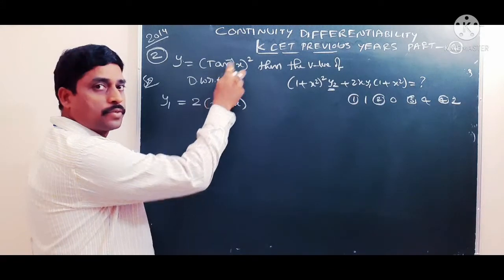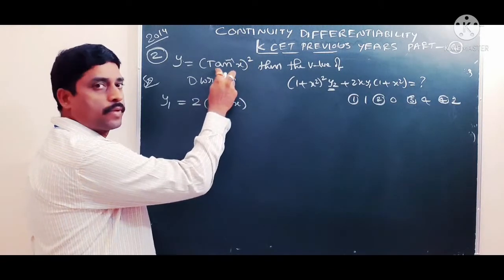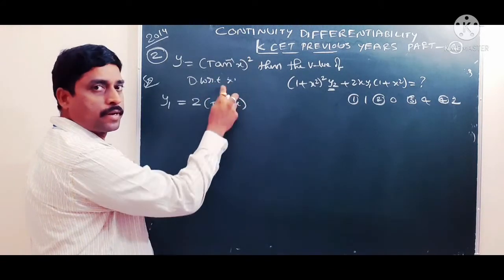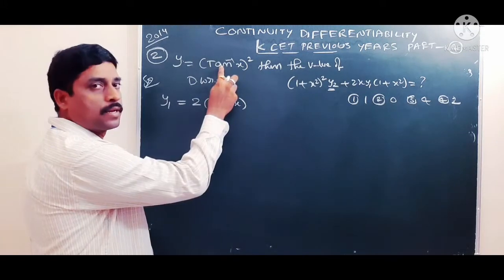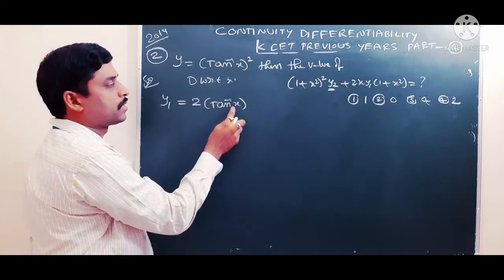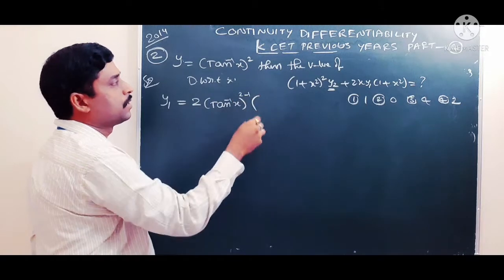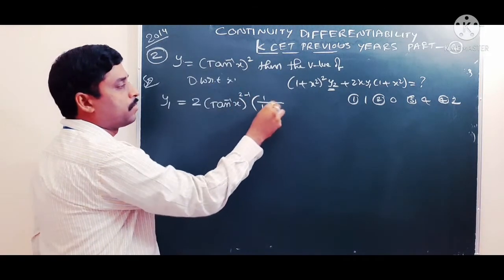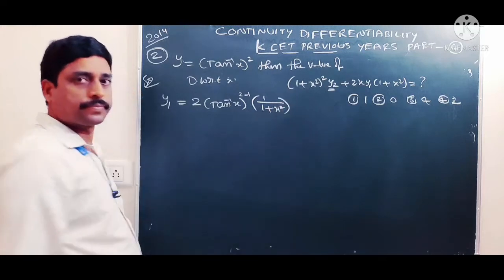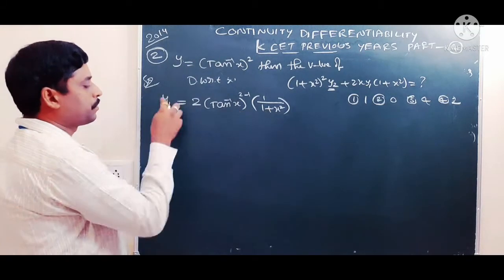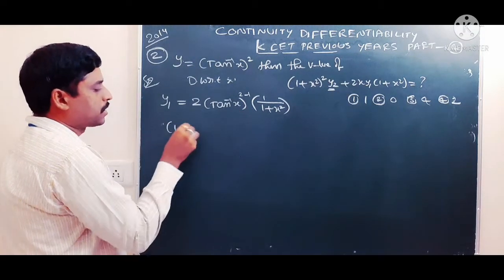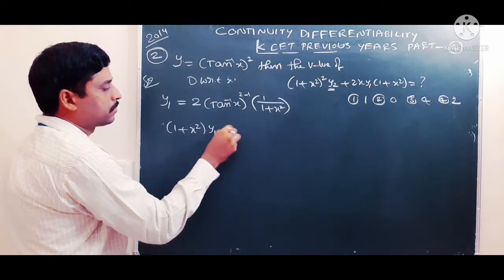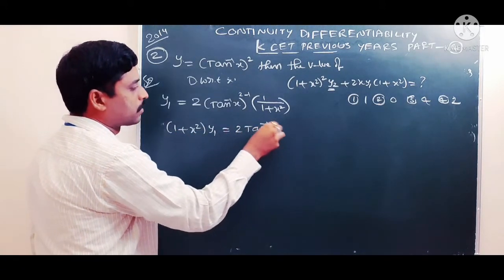First, by using the formula: derivative of x to the power n is n into x to the power n minus 1. So derivative of (tan inverse x) whole square is 2 tan inverse x to the power 2 minus 1 into the derivative of tan inverse x, by using the chain rule, 1 by (1 plus x square). By cross product, (1 plus x square) into y1 is equal to 2 tan inverse x.